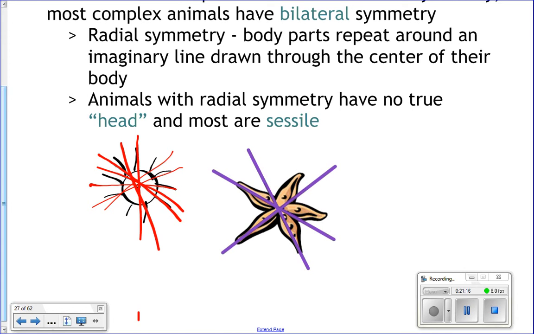So if you divide the sea star in half this way and fold that half over, do you have mirror images? Well, it is, because if I held a mirror up on the midline of my body and moved this part, it would look normal. Because it's a mirror image.